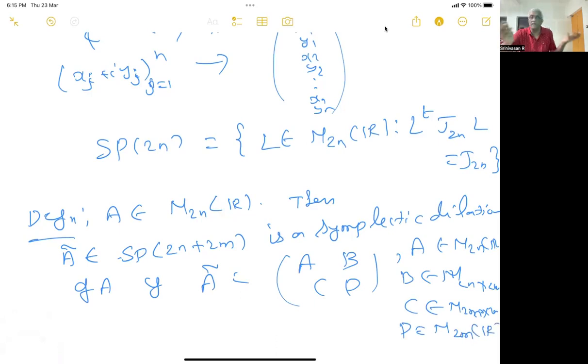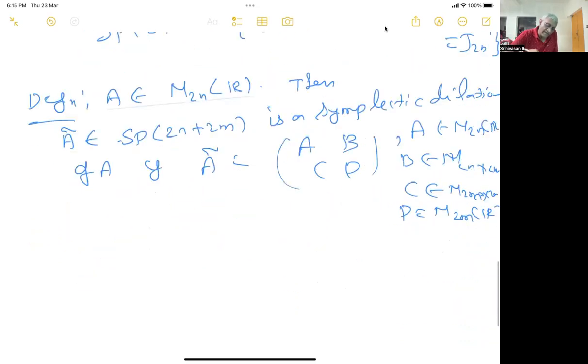So A tilde looks like this, and we say that this A tilde is a symplectic dilation of A.